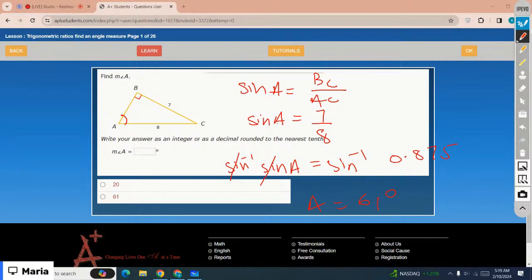Like, I know that you are given the opposite and the hypotenuse, so you can apply sine of angle A, right? That is 61 degrees. Got it?